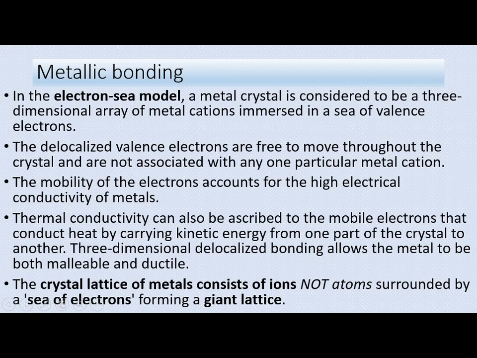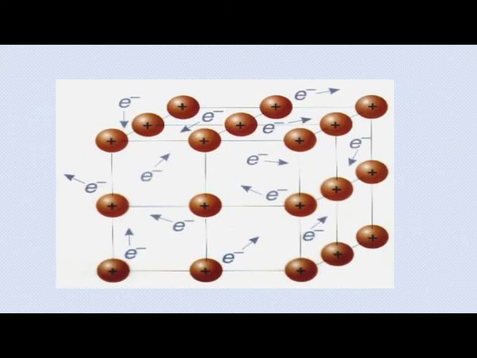The crystal lattice of metals consists of ions, not atoms, surrounded by a sea of electrons, forming a giant lattice. A diagram of a metal crystal. There you've got these valence electrons floating about.